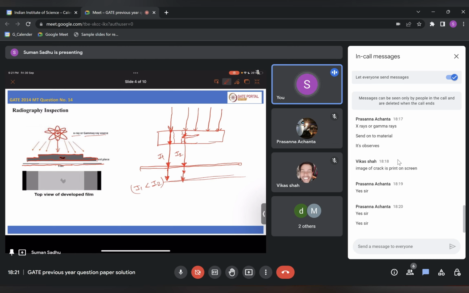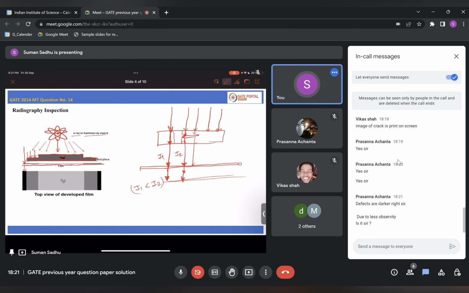So at the location of your crack, it will cause much more blackening of the film. As you can see, here the thickness of the sample is less. So that's why here no sample is there, so it is totally black. Here the thickness is less, it is comparatively less black, but it is a dark region. Now the thickness is getting higher here.